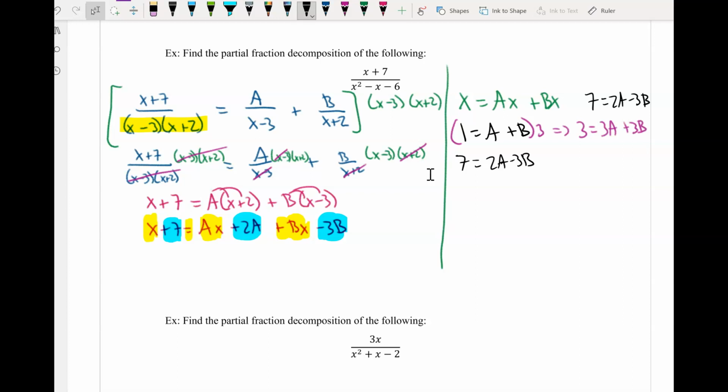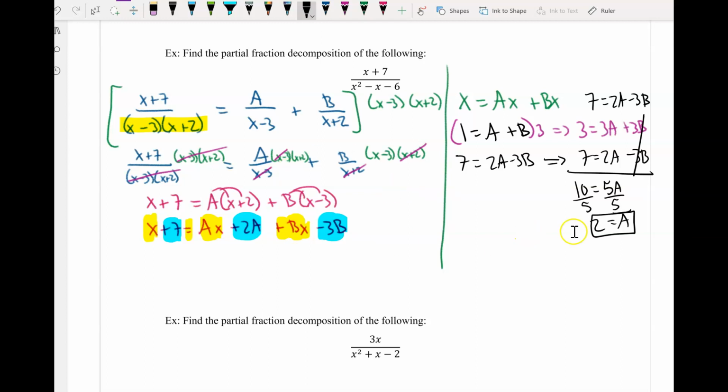And then what I'm going to do is add it to this other second part, 7 equals 2a minus 3b. So you can see that the 3b's go away. So I'm left with 10 equals 5a. Divided by 5, a equals 2.